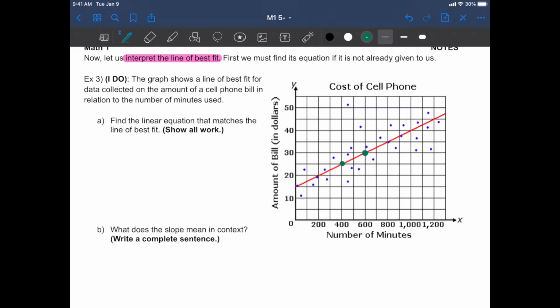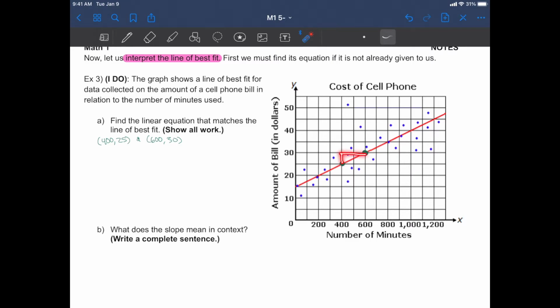Okay, now I'm going to write those 2 points here. That's 425, and the second one is 630.